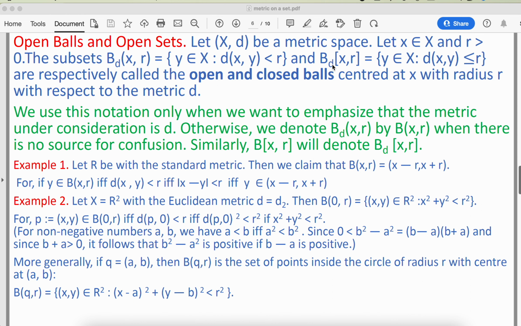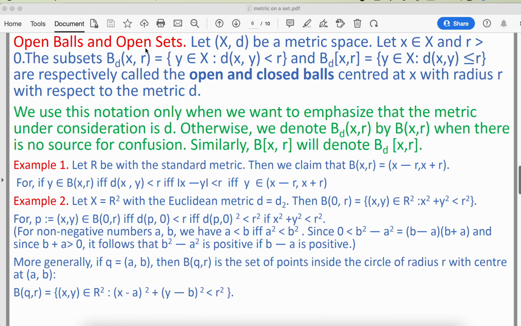And the closed ball B_d[x, r], where I have written closed brackets, is the set of y belonging to X such that the distance of x from y is less than or equal to r. This is the open ball, this is the closed ball.